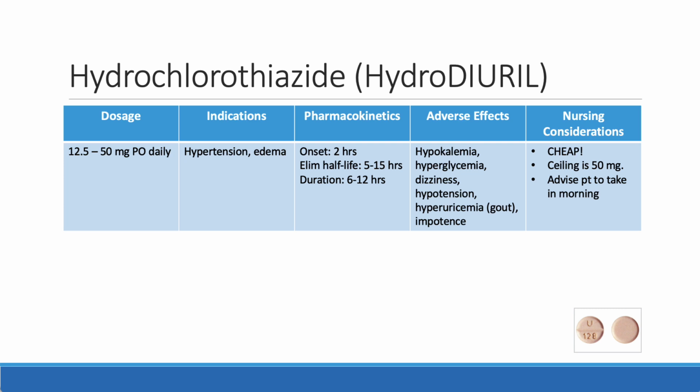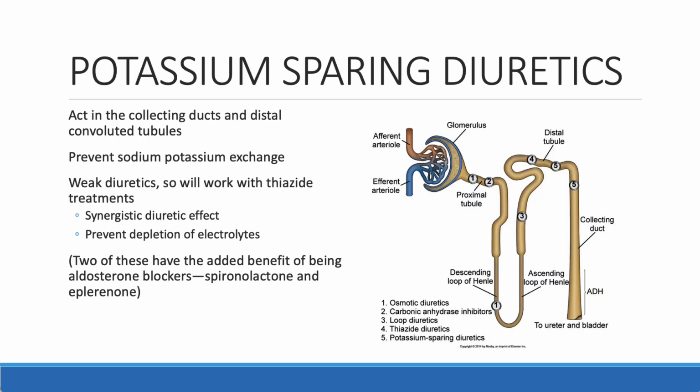But 10%, maybe 5% of the time, somebody's blood sugar gets too high, or their potassium level plummets, or their sodium level goes to 120 or something like that. So you do have to do that quick check of the chemistry panel. Nice thing about it is that it's cheap, and we usually tell people to take it in the morning so they're not up all night peeing extra.